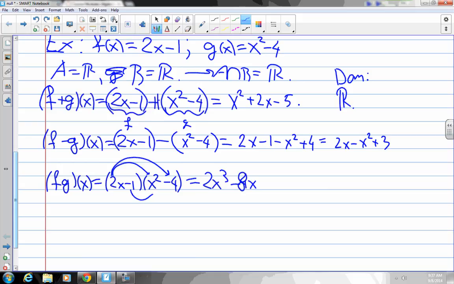Negative 1 times x squared is minus x squared. And negative 1 times 4 is plus 4. And you can leave it like that. You don't have to order them in descending order or whatever. You can if you want to. You don't have to. And again, what is the domain here? All real numbers.